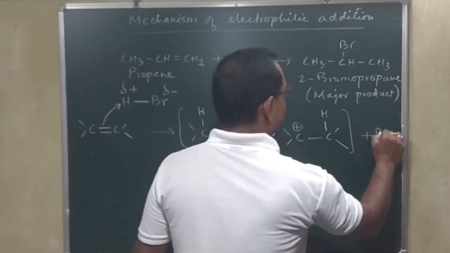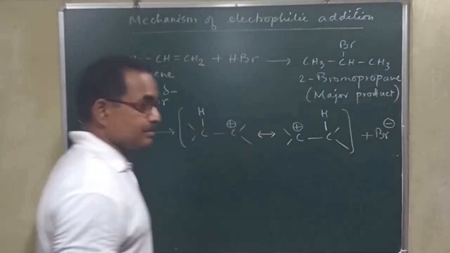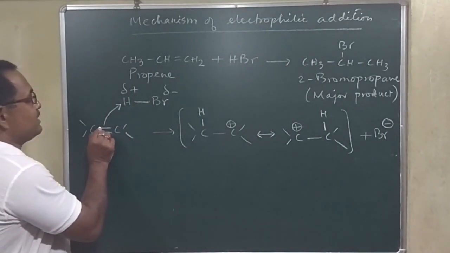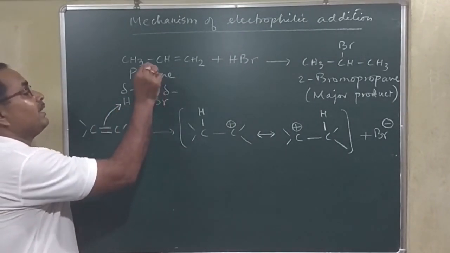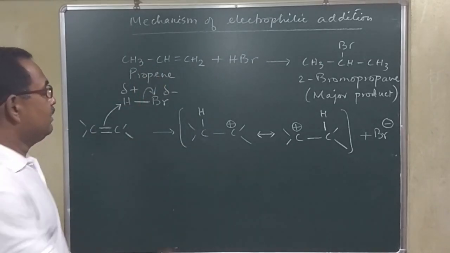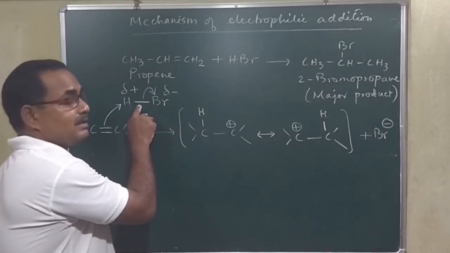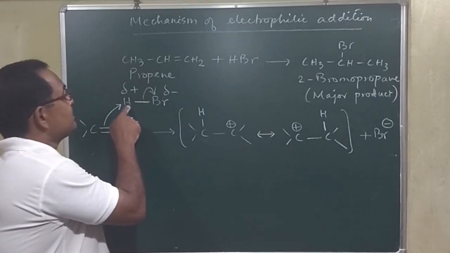Plus Br minus. See, as soon as the pi electrons attack the hydrogen end, this bond will break. Bromine becomes negative. This hydrogen is positive.